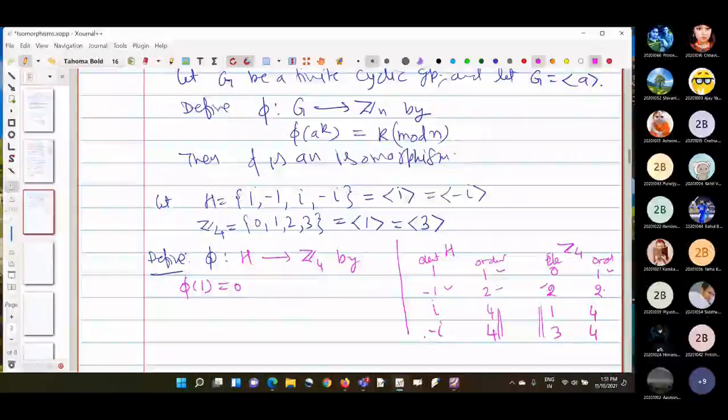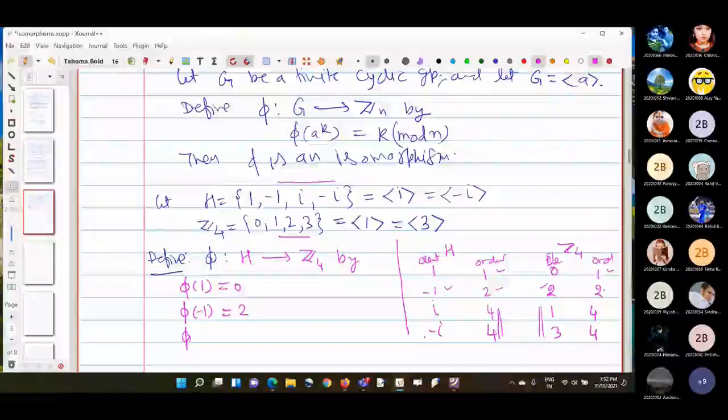How many elements are left? 3 more elements are left, and 3 more elements are also left here. How we can map them? Let us try to map -1, but -1 has its property. What is the property of this? negative 1 की property. It's order 2. So ये 2 order के element पे map होगा. So we can map it onto 2. All right.